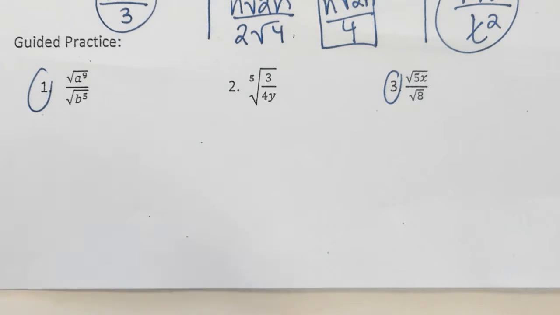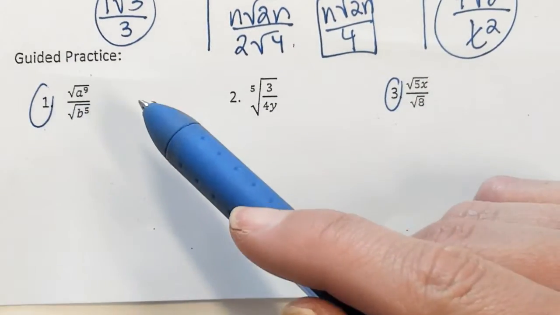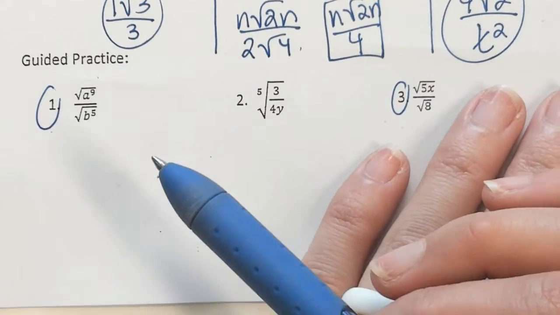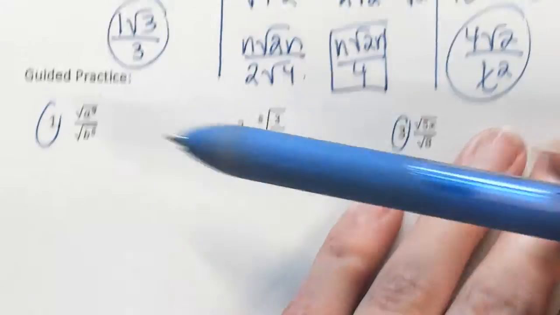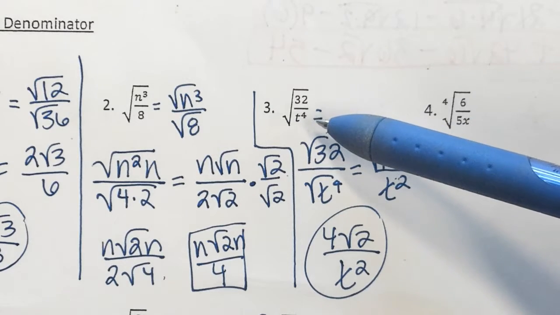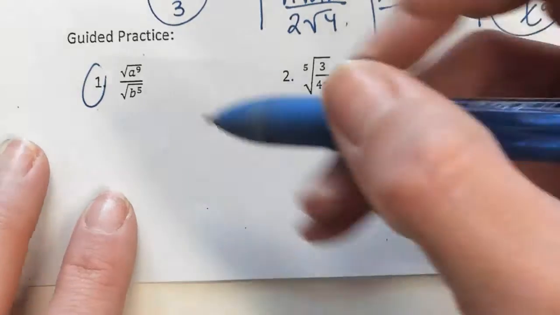I see a lot of y'all like breaking this up and simplifying first, and that's fine, you'll get the same answer. But the only time that I break these up, and maybe I just think it's easier, is like on this one when I know that if I break up t to the 4th, it's going to cancel out the root. Other than that, I would just stick to multiplying.